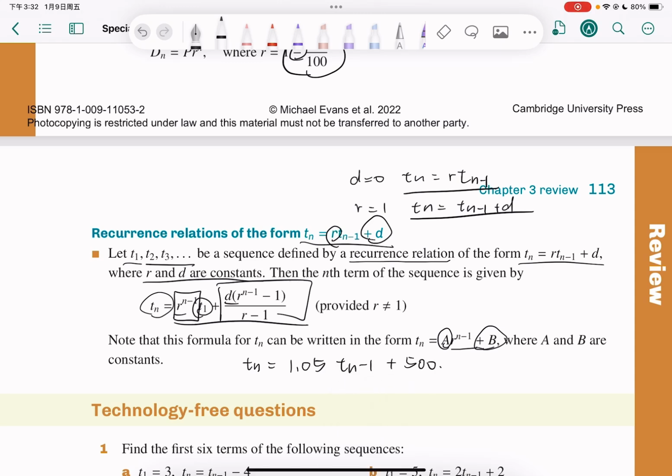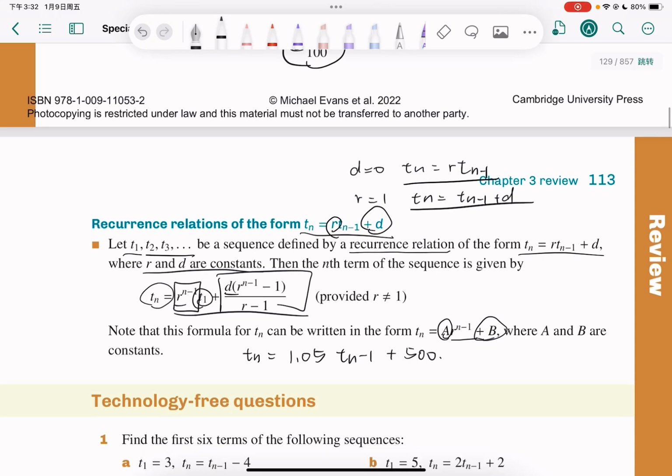This is like a finance question where R is the interest or depreciation factor and D is a regular deposit or withdrawal constant. This part represents the interest. So if we have 5% interest, then we do 1 plus 5/100, which is just 1.05.